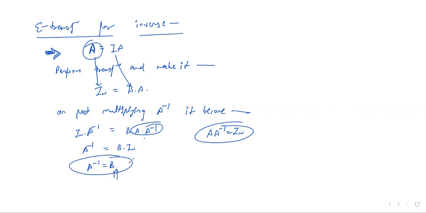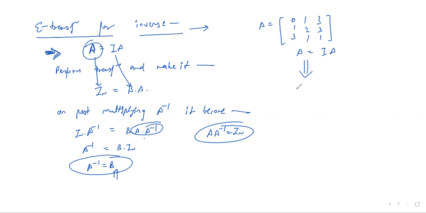So if we do the example here, I have this matrix A, which is 0, 1, 3, 1, 2, 1, 3, 3, 1. Now we apply the transformation, by the use of elementary transformation for inverse, we will write A is equal to IA. I have done this example too in the inverse topic.